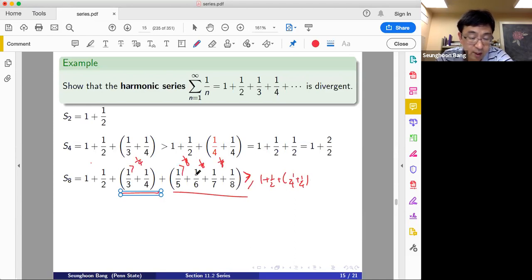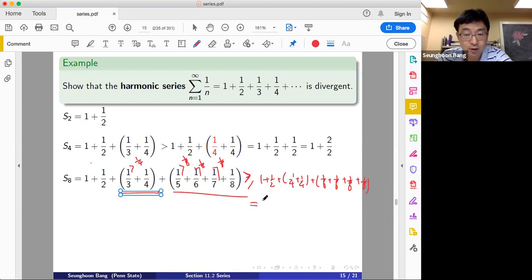1/5 is greater than 1/8. 1/6 is greater than 1/8. 1/7 is greater than 1/8. So we have plus 1/8 plus 1/8 plus 1/8 plus 1/8.